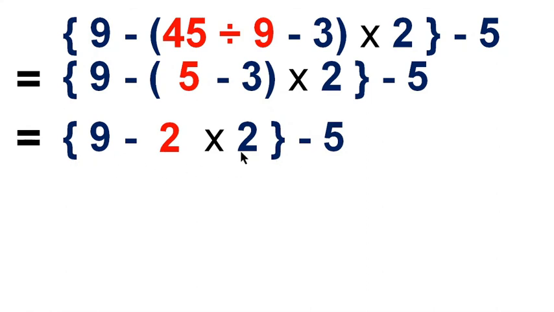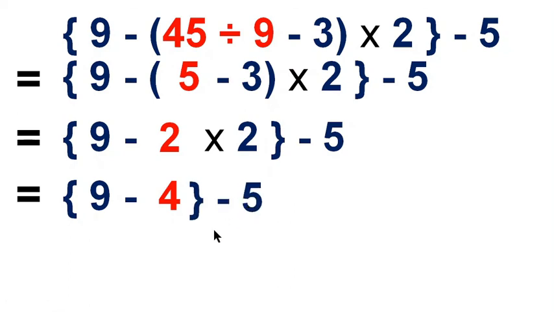And now in the second bracket, observe that there are two operations, subtraction and multiplication, but we should multiply at first. If we multiply 2 and 2, we can get 4, and minus 5 will be written here. And now just subtract. 5 is the difference, and minus 5 is here. If we subtract 5 from 5, answer is 0.